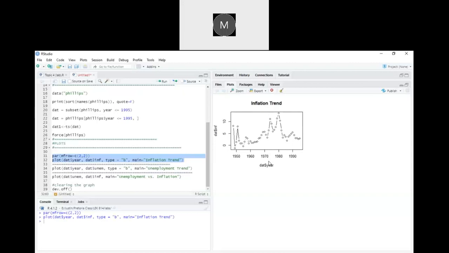On my right, you see the inflation trend. Remember, this is the Phillips data. Let's show the relationship between unemployment and inflation. Look at that. One of the variables in the Phillips data is inflation.